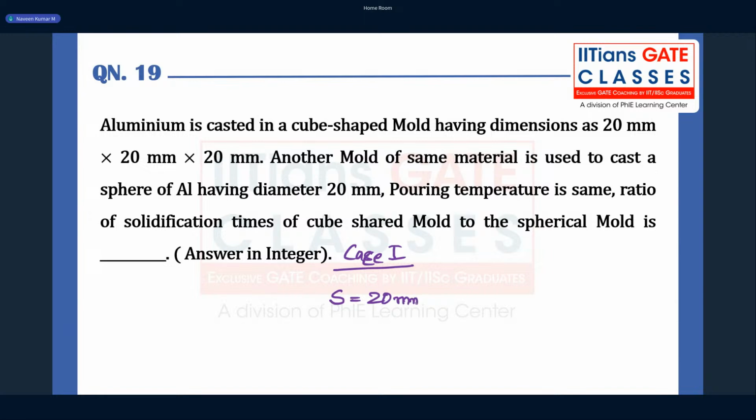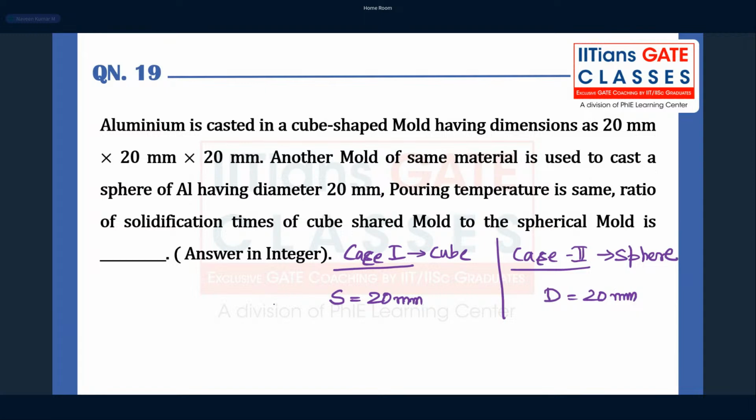Case 2 is a sphere, very simple, right? The diameter is 20. What is the ratio?